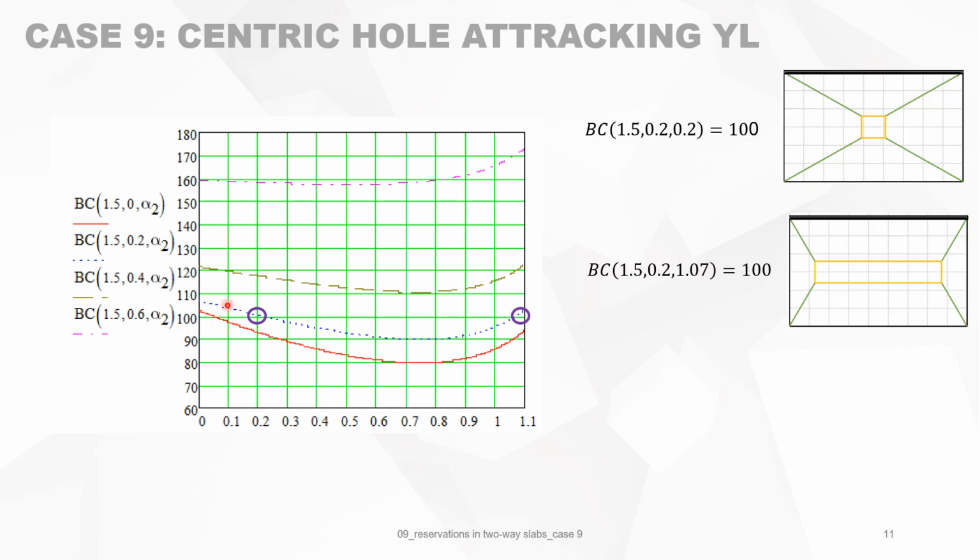When we look at those 2 points, in the blue dotted curve, it's 1.5 times 1.5, 0.2 and 0.2. So this is 100% bearing capacity, it does not change the bearing capacity. And then when you make the hole very large, which is this, then you also have 100%. So those are those 2 points. So between this reservation and this reservation, you lower the bearing capacity of the slab, and outside you do not lose bearing capacity.